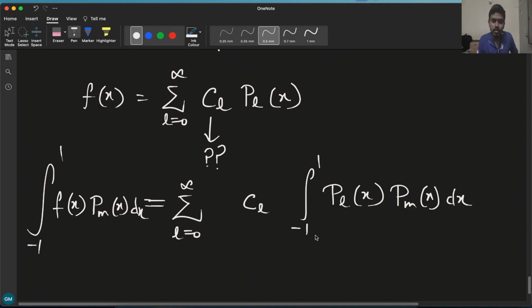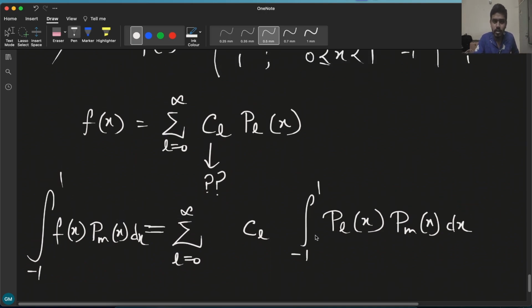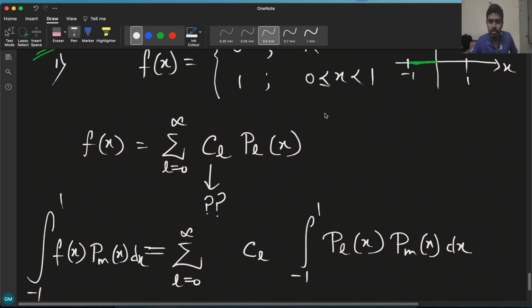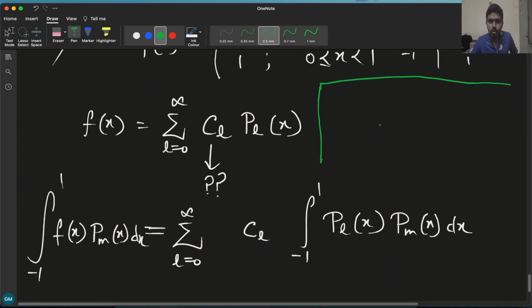Why am I doing that? Where is the idea coming from? It is the same idea, so pay attention here. In the case of vectors, let's say you have a vector v in 3 dimensions, where the x component is Vx, the y component is Vy, and the z component is Vz.